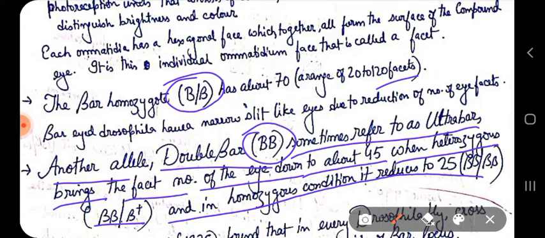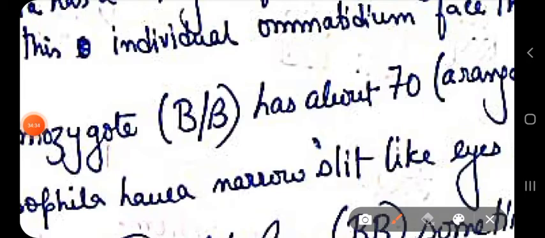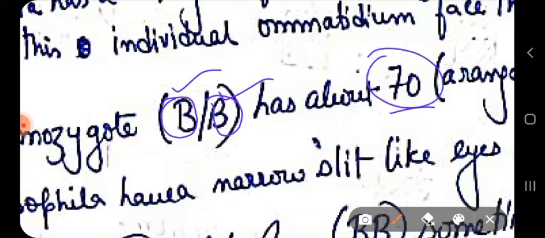That means, if in each chromosome of the homologous pair one bar allele is present, then the number of facets, the small eyes, gives you 70. Okay, that's good.